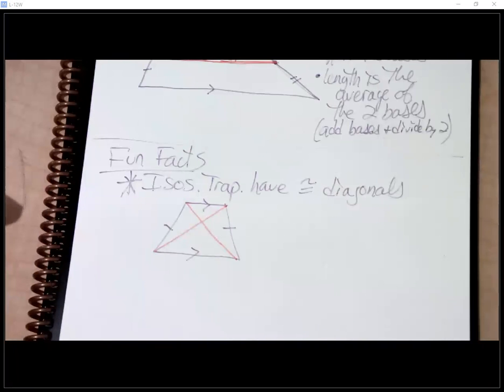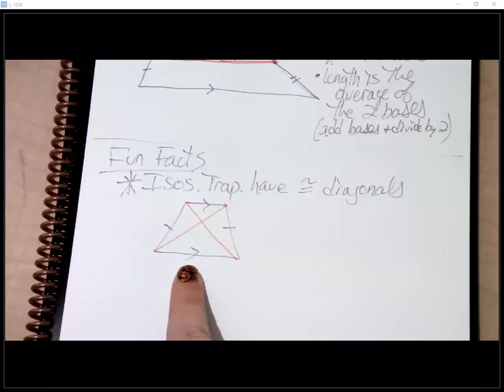Do the diagonals bisect each other? Heck no. Sorry, I didn't hear, you said yes. No, and I'll tell you why. If you have a shape where its diagonals are bisecting each other, you have a parallelogram. That was one of the ways to prove that a parallelogram is a parallelogram, is to show that its diagonals bisect each other. So that does not happen, and I don't care if it's an isosceles or not isosceles.